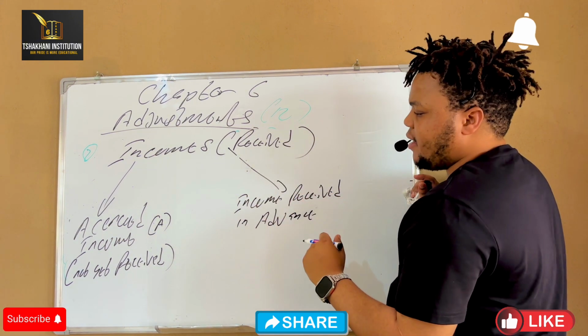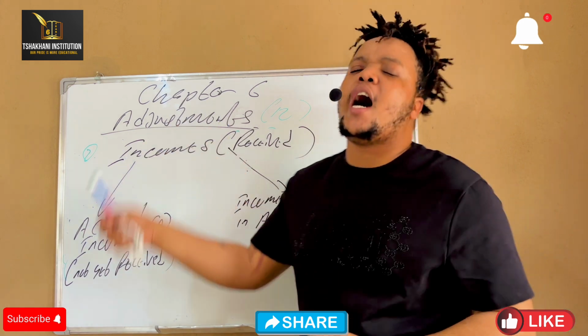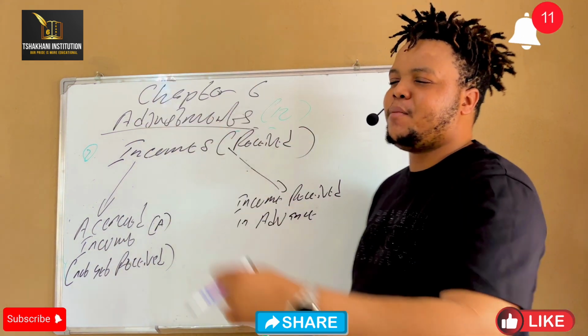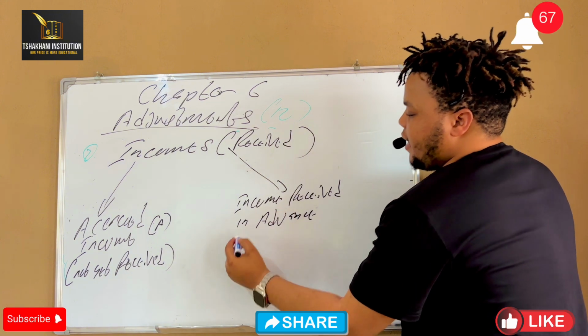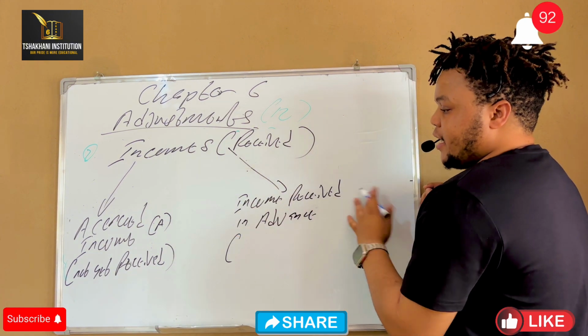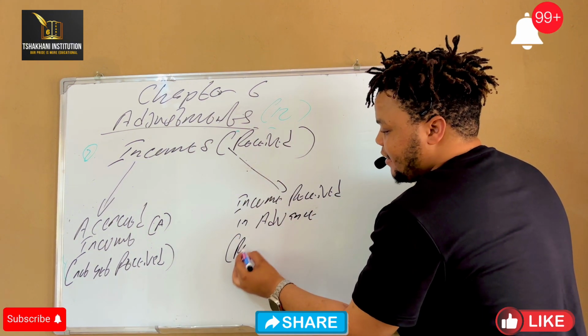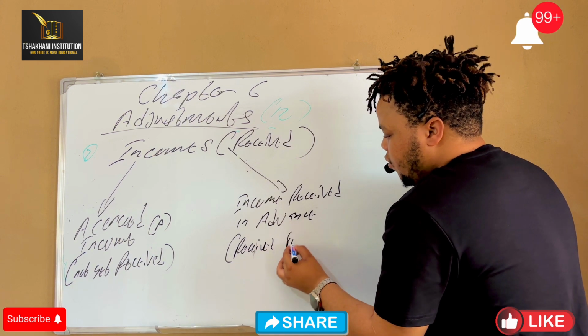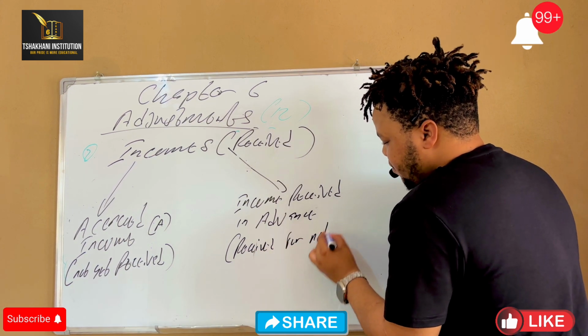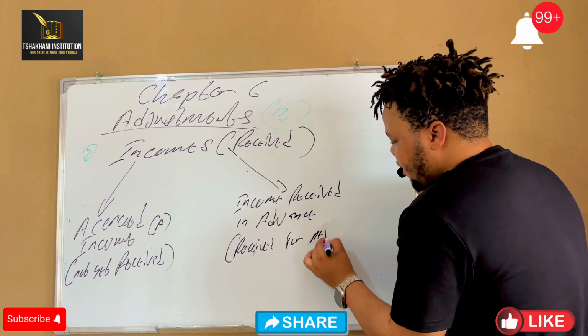And then we come to what we call income received in advance. Income received in advance. It's just a pre-income. In other words, the opposite of the prepaid expense. So income received in advance are incomes that we have received for the next what?